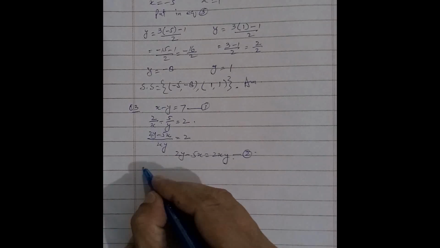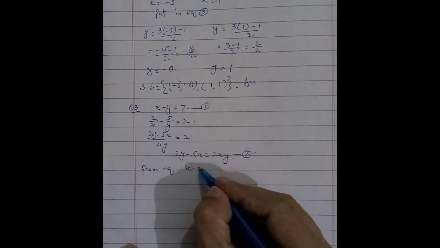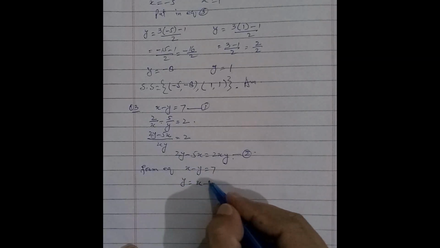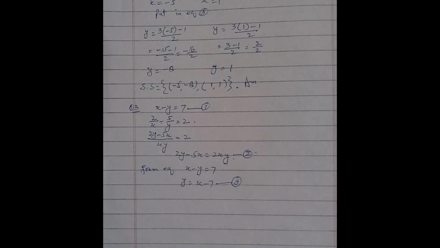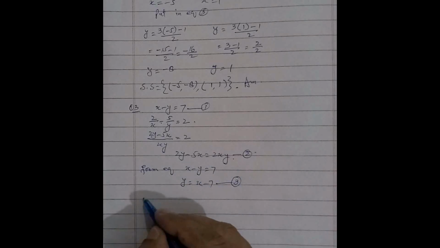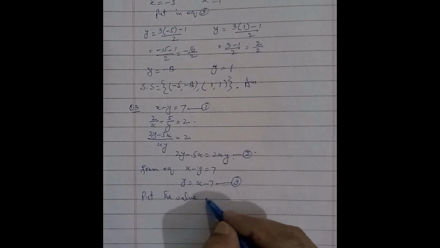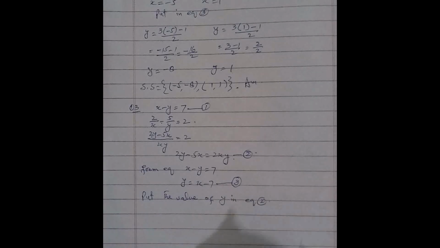From question 1, x minus y is equal to 7, y is equal to x minus 7. It is equation 3. Now we put the value of y from equation 3 in equation 2.